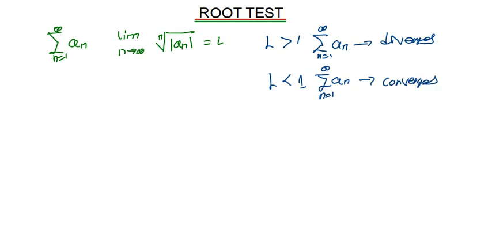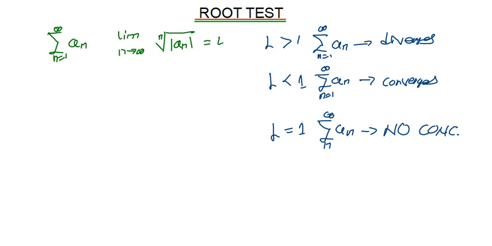So from the value of L that we get, we can interpret whether we have something less than 1 or greater than 1. Then if our L is equal to 1, for the series a sub n running from n to infinity, we can't really make a conclusion. No conclusion.